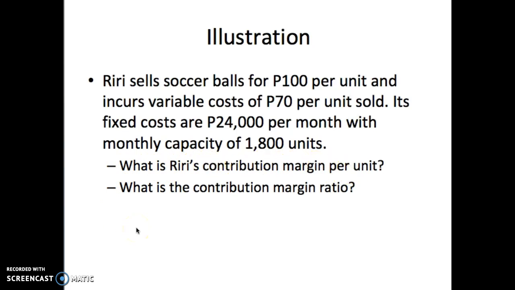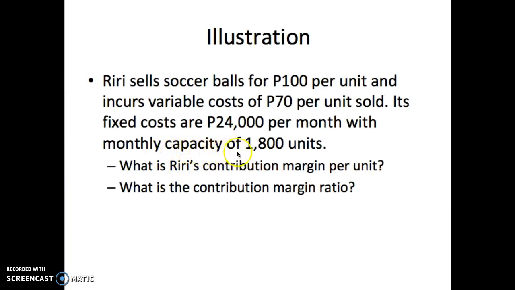Perhaps it will be easier to determine the contribution margin per unit if we can actually identify the given items. So for example, this 100 pesos per unit, this is the selling price per unit. And then the variable cost of 70 pesos per unit sold, that will be the variable cost per unit. 24,000 is obviously the fixed costs.